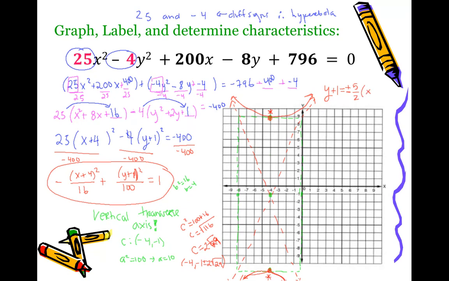X, what is this? Minus x plus 4? Yeah. That would be the equation of your asymptotes. It was a loaded problem, right? So the new piece from the other slides was coming up with the graphing form from the expanded form.